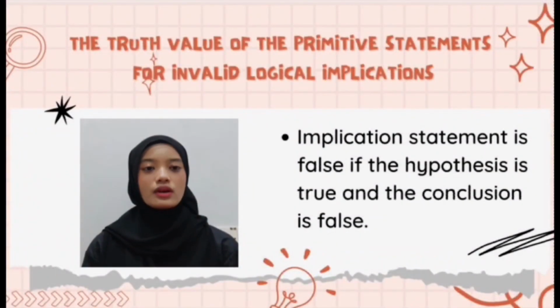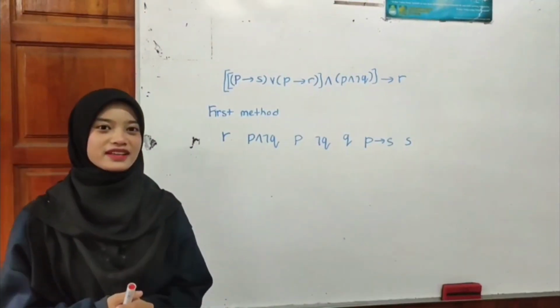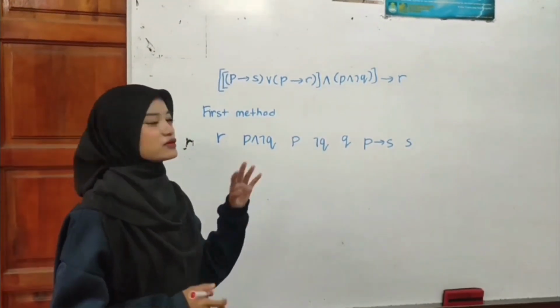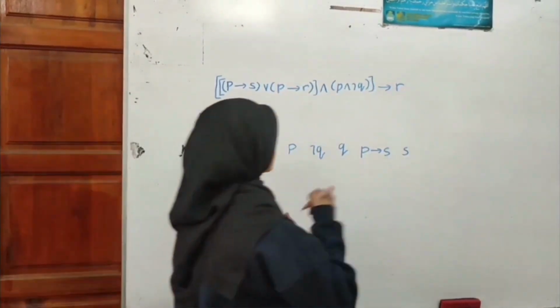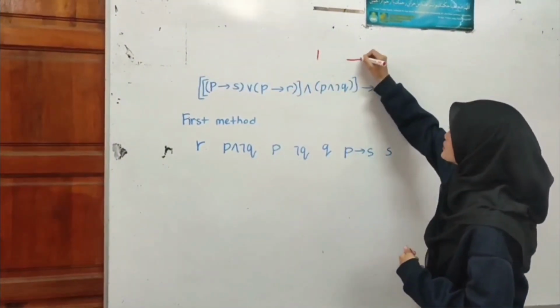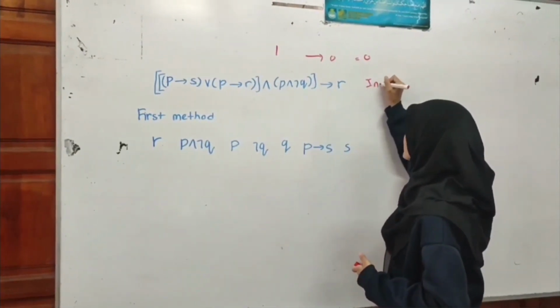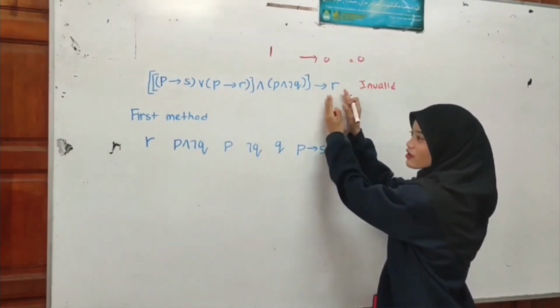For the truth value of logical implications, the statement will be false if the hypothesis is true and the conclusion is false. Otherwise, the statement will be true. So here I will explain the example for the truth values of P, Q, R, and S. For the implication, we know that 1 implies 0 gives 0. So this statement is invalid. The statement given is invalid, so we know that the value of R is 0.